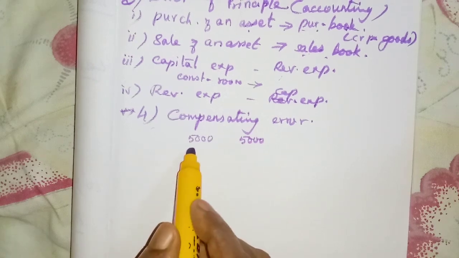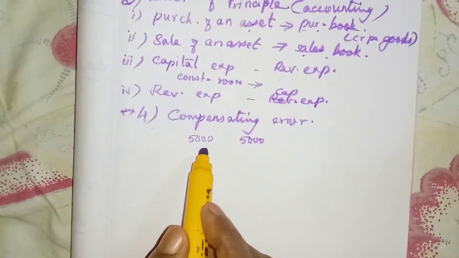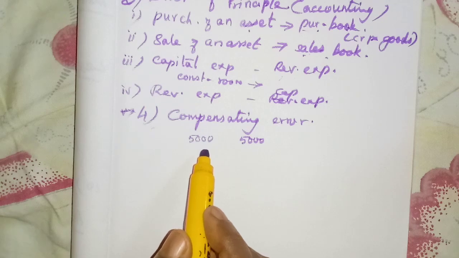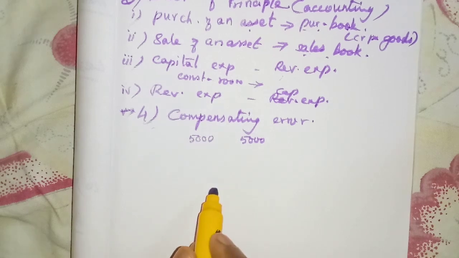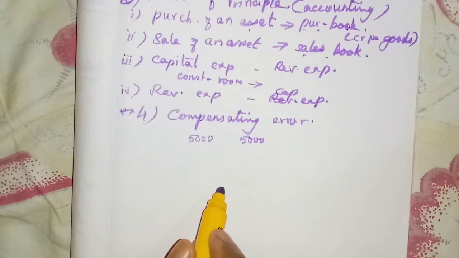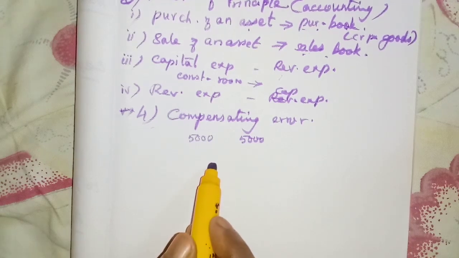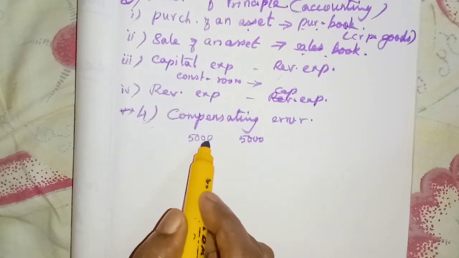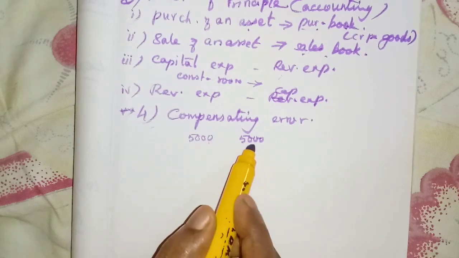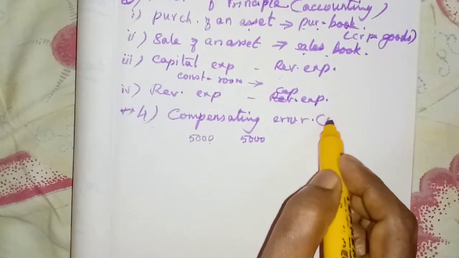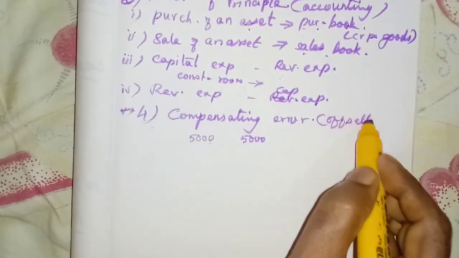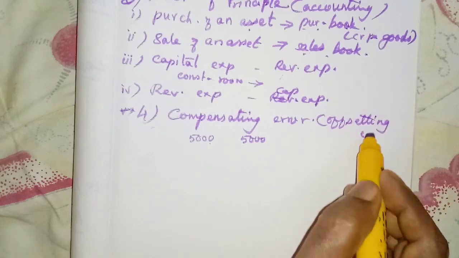Then it will tally and will not reveal any errors. This is called compensating error. One side excess credit, the other excess debit. We can call them offsetting errors also.